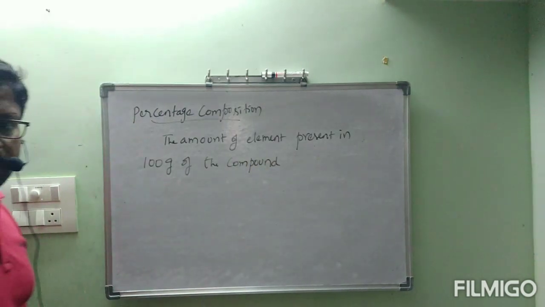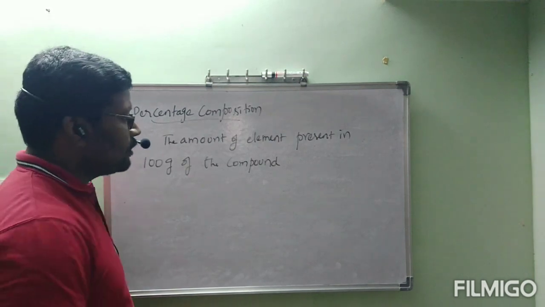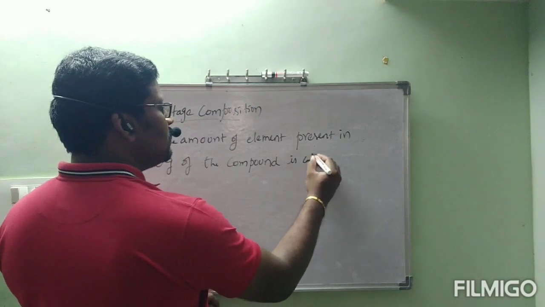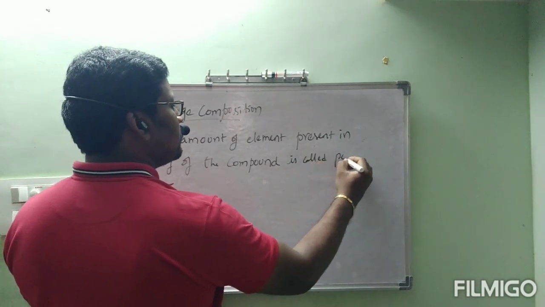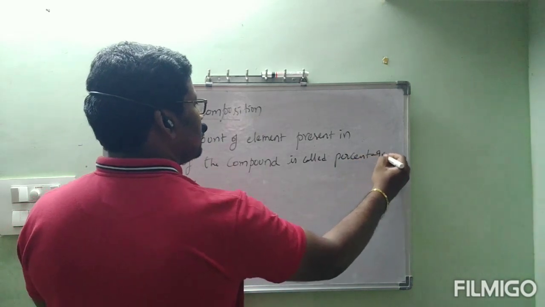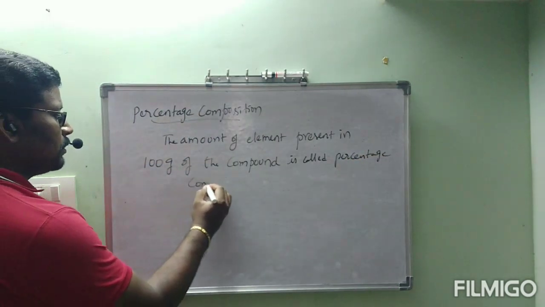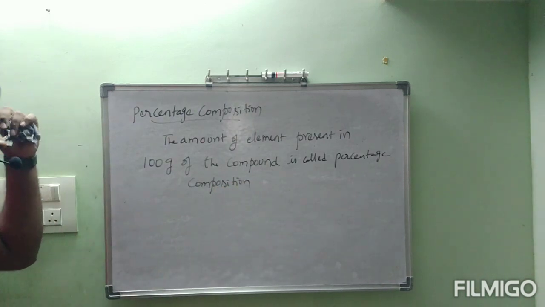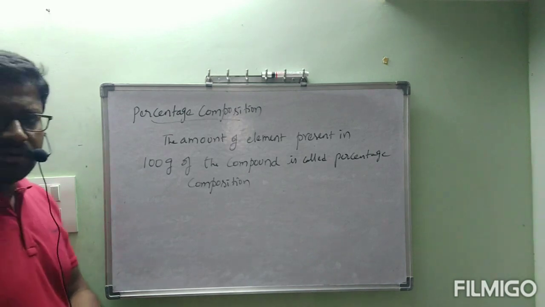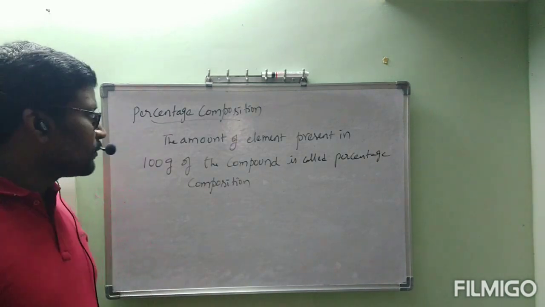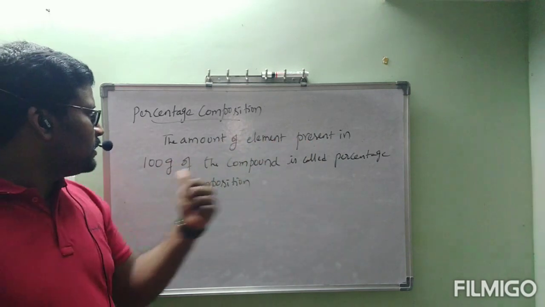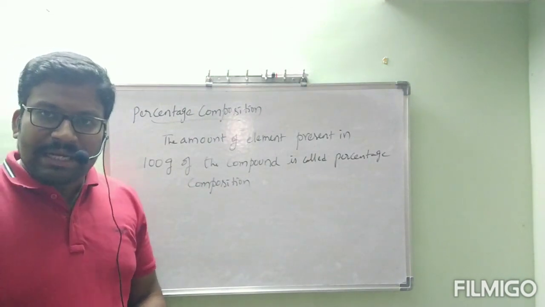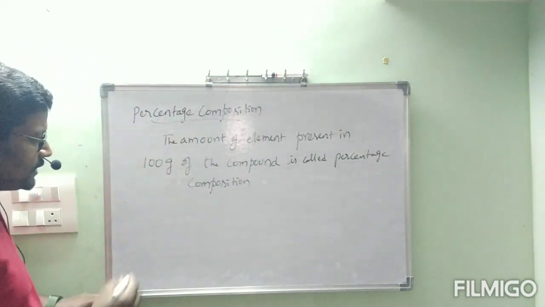The amount of element present in 100 grams of the compound is called percentage composition. By taking some examples, we will get clarity about this topic. First, before that example, what is the definition? Amount of element present in 100 grams of the compound is called percentage composition. Okay, let us consider one example: CO2.